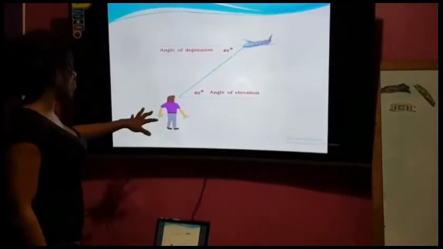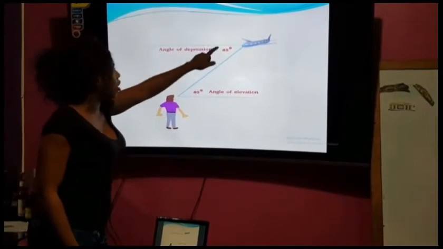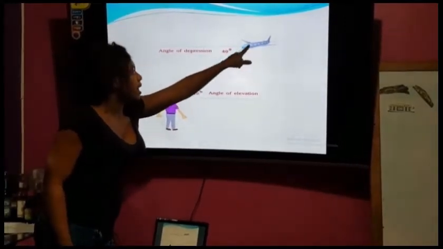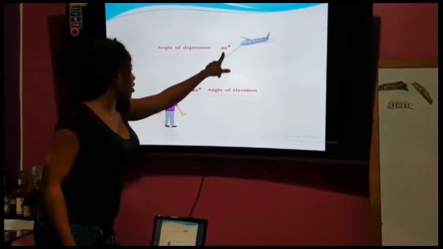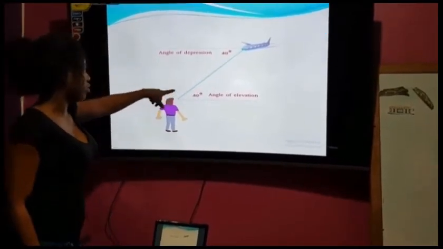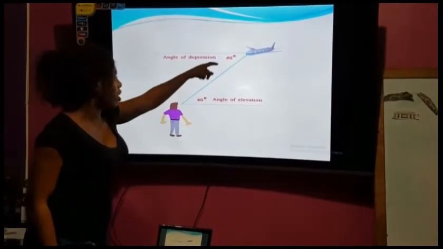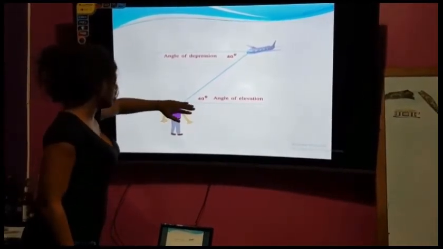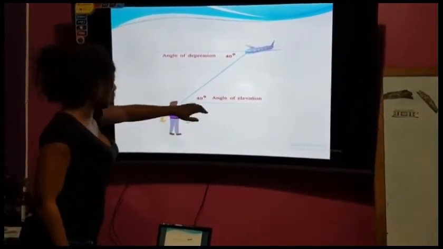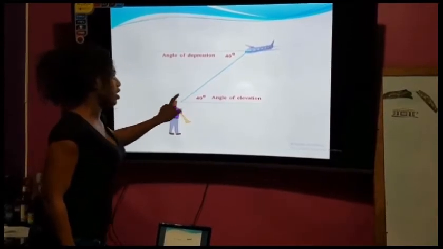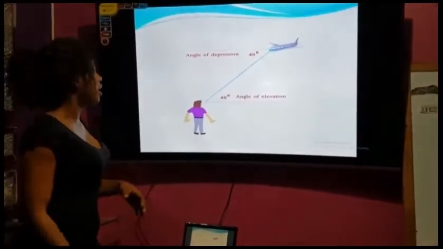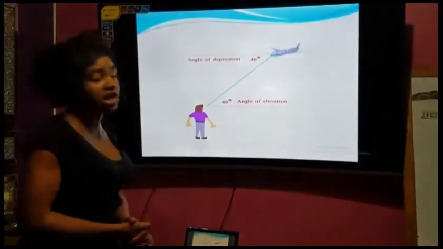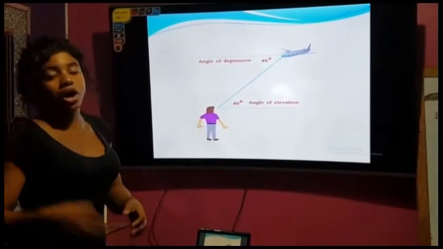For example, you can see the angle of depression from the plane looking down at Junior is 40 degrees, and Junior's line of sight looking up at the plane is also 40 degrees, because as I mentioned earlier, the angle of elevation and depression are alternate to each other.